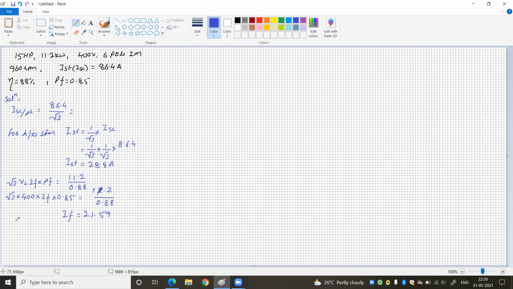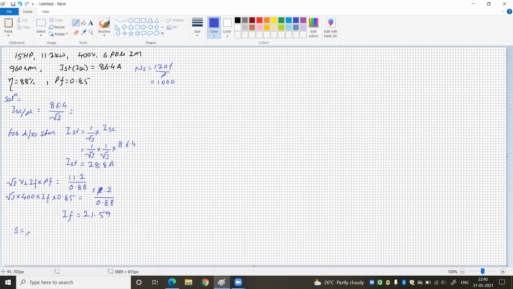Therefore, from this value 28 is the starting current. Okay, and for torque we want to calculate first the slip. So slip S is equal to, here the number of pole is 6, definitely the synchronous speed NS is equal to 120 F upon P, which is 1000 RPM.